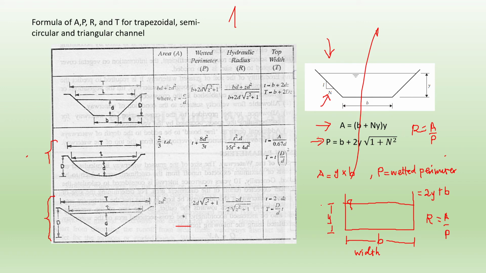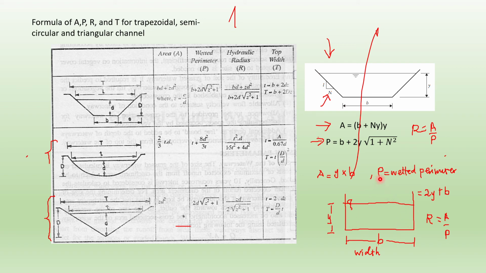So for this rectangular channel, you know that the depth of the channel is Y, and the width of the channel is B. So the area of the channel is equal to Y multiplied by B, which is the cross-sectional area of the flow.